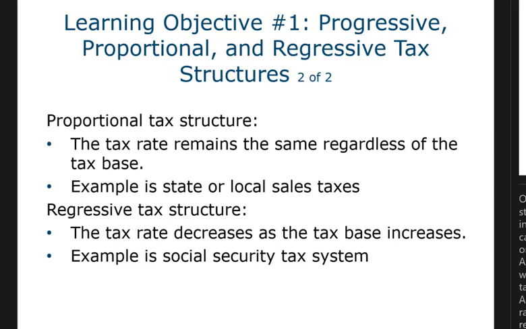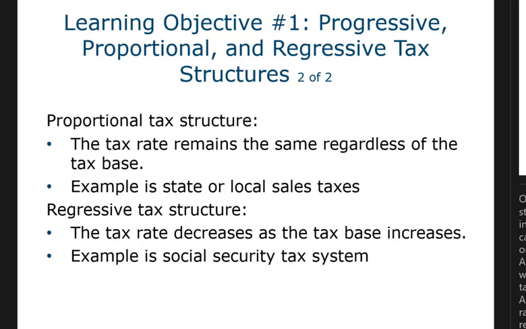So if the percentage is the same regardless of the amount, then that's referred to as proportional or a flat tax. Regressive is a situation where the tax rate decreases the more income you have. Social Security is kind of an example, in that your rate drops after you reach a certain amount, because that extra amount is not included in the calculation of your Social Security benefits.